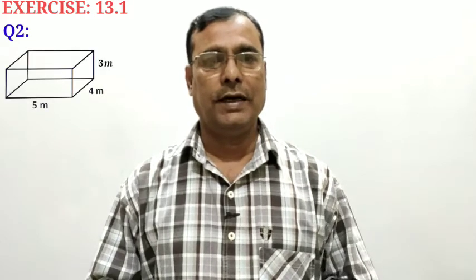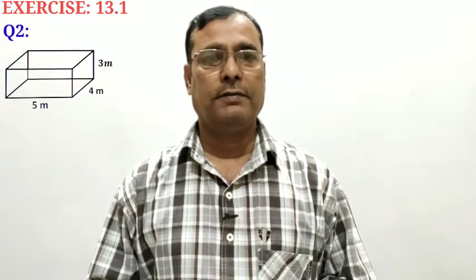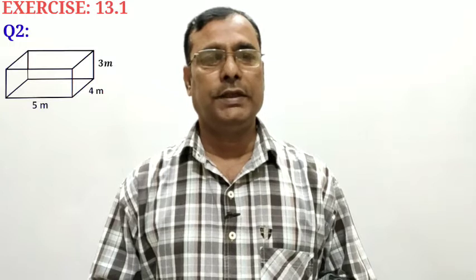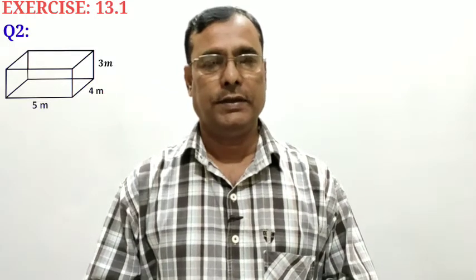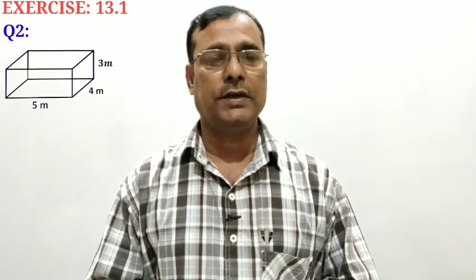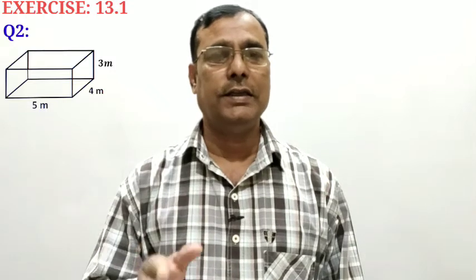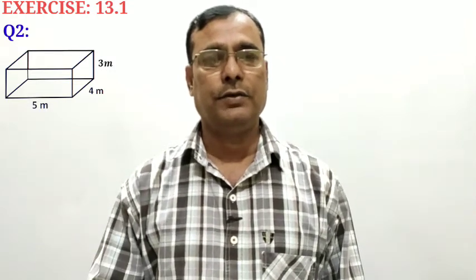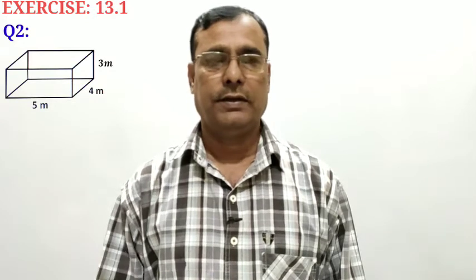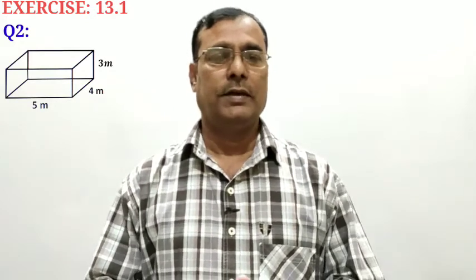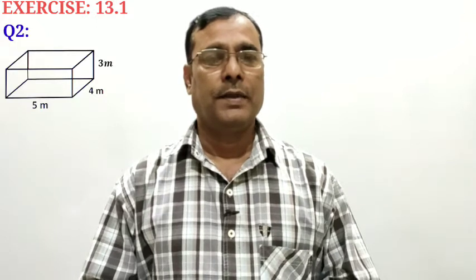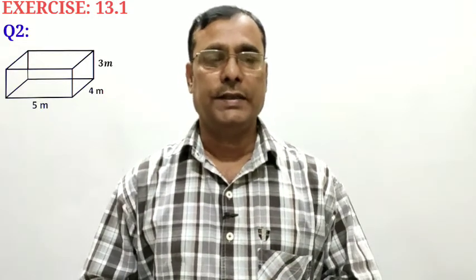Question number 2 is the length, breadth and height of a room are 5 meter, 4 meter and 3 meter respectively. Find the cost of whitewashing the walls and ceiling of the room at the rate of rupees 7.50 per meter square. So in this question, as measurements are given, room is cuboidal in shape.